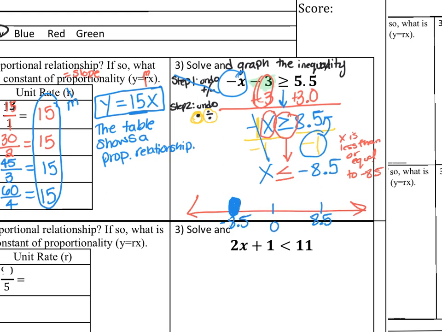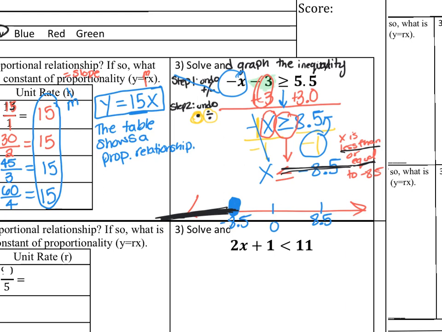If you have an inequality without an equal sign, the solution would not be included, so it would be an open circle. Now my arrow is pointing to the left because it's all the numbers that are less than or equal to -8.5. The numbers that are less than or equal to -8.5 are all the numbers to the left. These are all the numbers that are less. So that's how I would shade it.